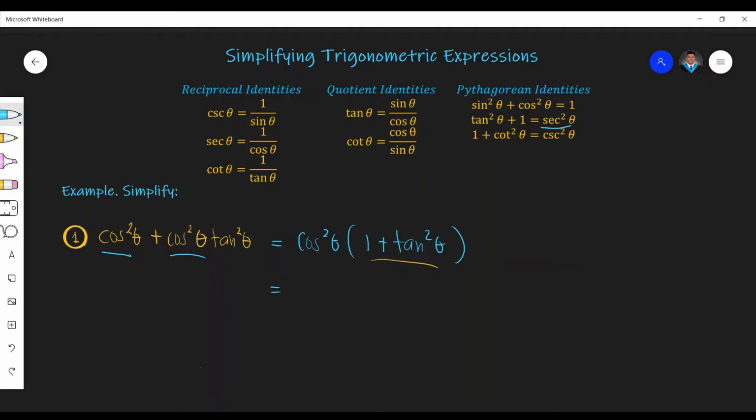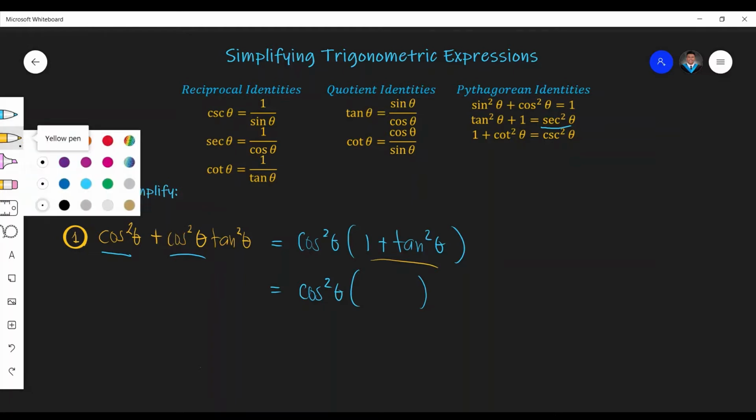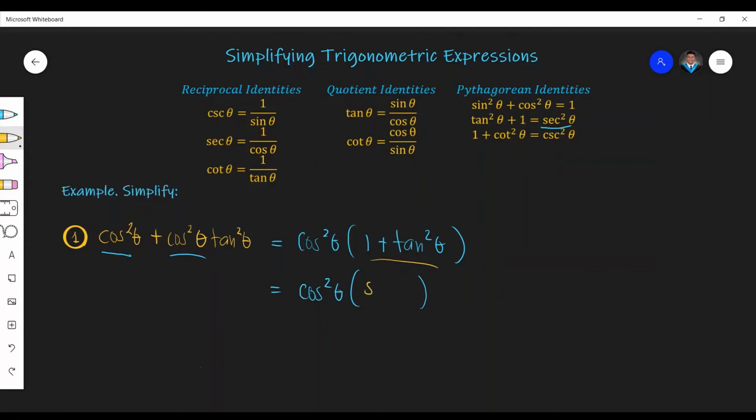So, that means pwede natin gamitin to replace 1 plus tangent square theta. So, that means, ito na yung ating resulting expression. We have cosine square theta, then i-multiply natin yan by the value, yung equivalent identities ni 1 plus tangent square theta. That is, of course, that is secant square theta.